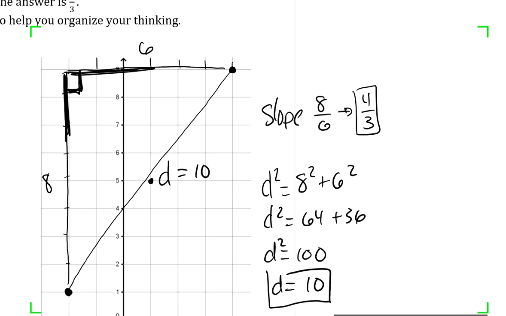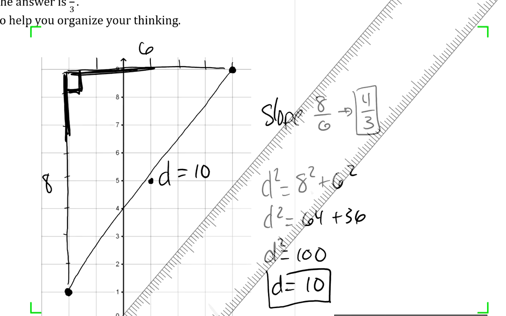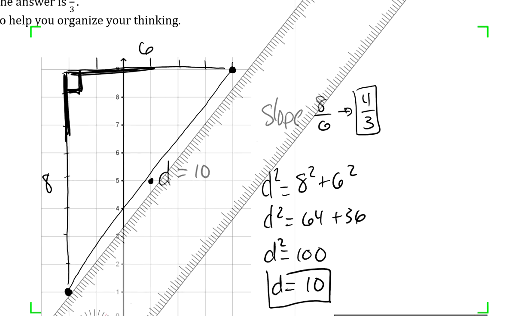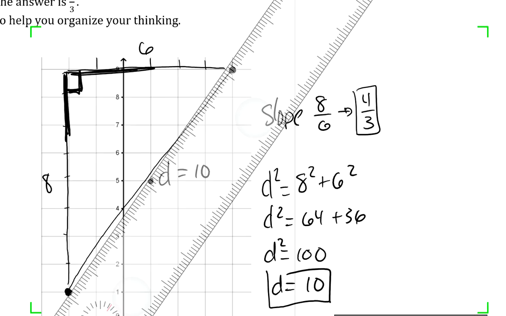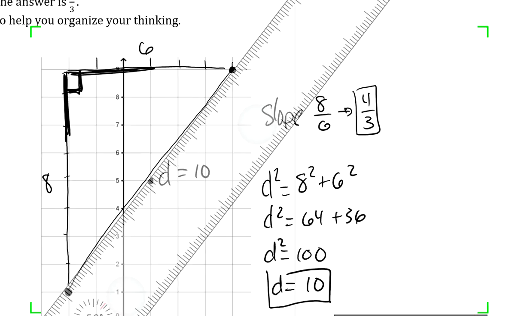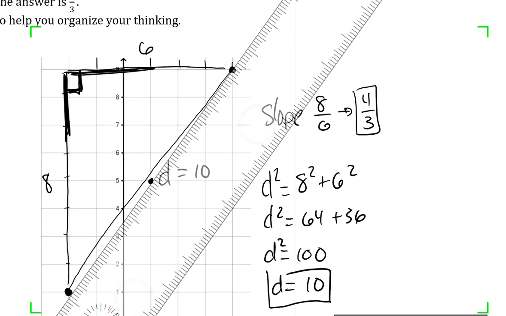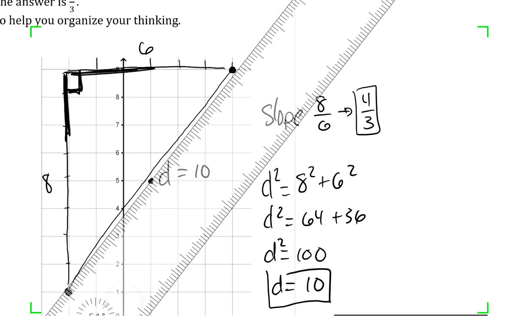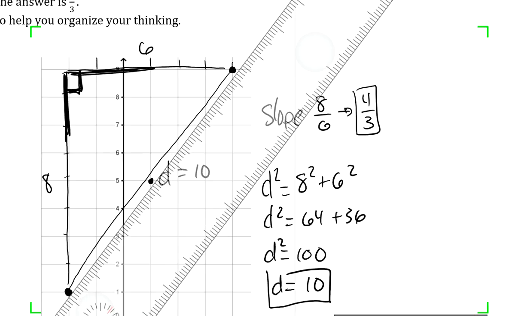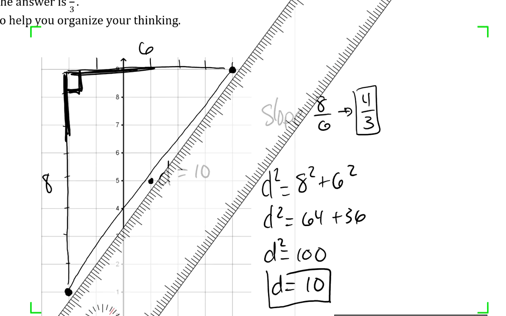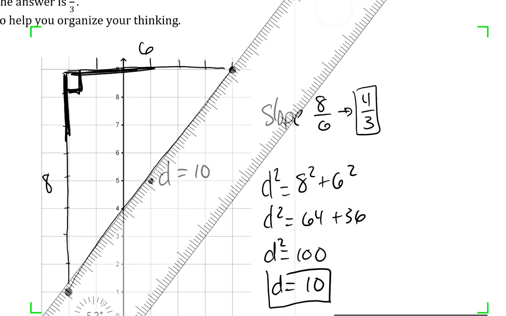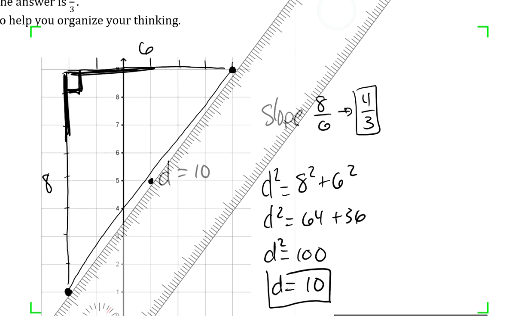What's nice about this now is I could grab this ruler and line up this point here and here. Once it's lined up, it's not as easy to manipulate as I would think. Anyways, once it's lined up, if you grab a pen, then you just draw the line.